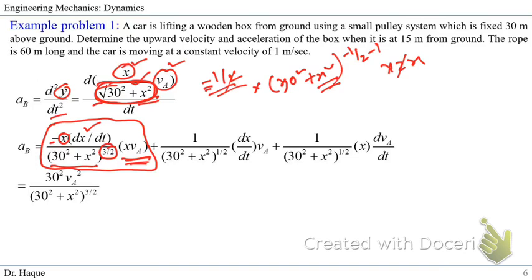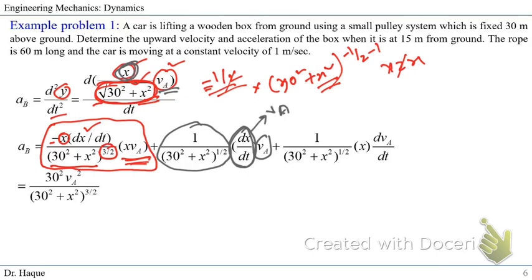Now the second and third parts are kind of easy. We're going to leave the denominator part the same, and we'll leave the VA, the last term, the same. We're going to deal with only the x, the second term. It's simple: the derivative dx over dt will just put in this term, which is also VA.